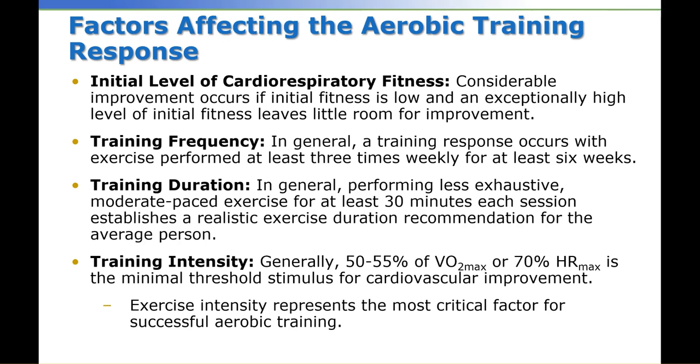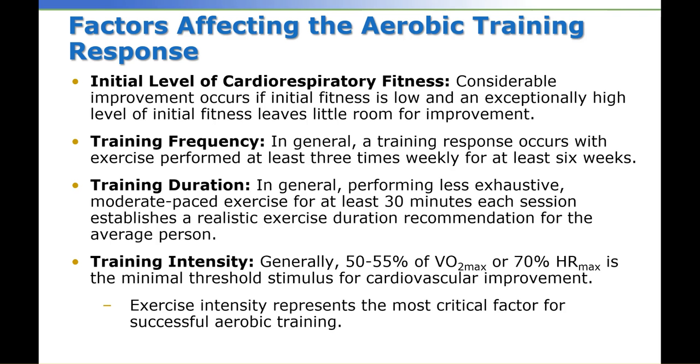Factors affecting aerobic training response: initial level. If you have a high initial level of cardiovascular fitness, you're not going to show as huge a change in improvement. Training frequency: the general training response occurs with exercise performed at least 3 times a week for 6 weeks.